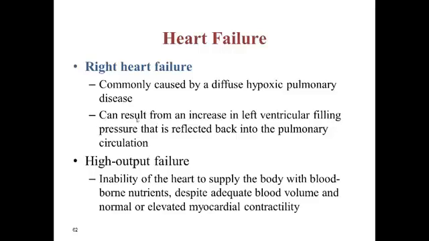In high output failure, the heart increases its output, but the body's metabolic needs are still not met. So common causes would be anemia, septicemia, hyperthyroidism, and beriberi, which you can, the figure 40 or 30-43 in your book is a good place to summarize that high output failure.